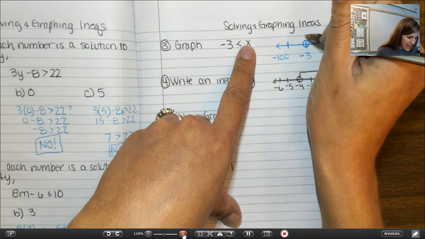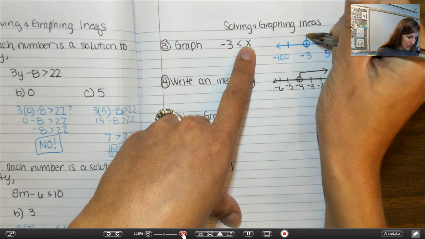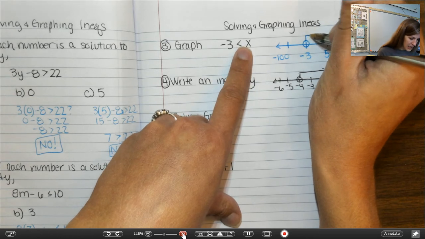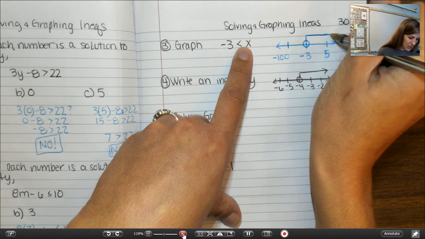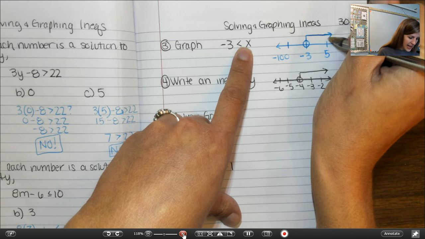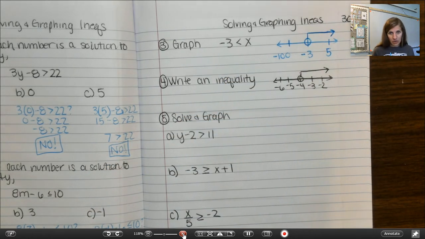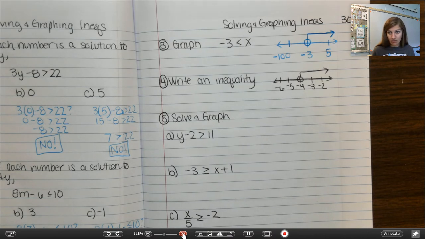So when I draw my arrow, I need to go towards the bigger numbers because x is going to be bigger than negative 3. And all those bigger numbers are over here by 5 and 0, and all those ones are bigger. Oh my gosh, I totally spoiled the next one. Oops. Because those graphs look the same.